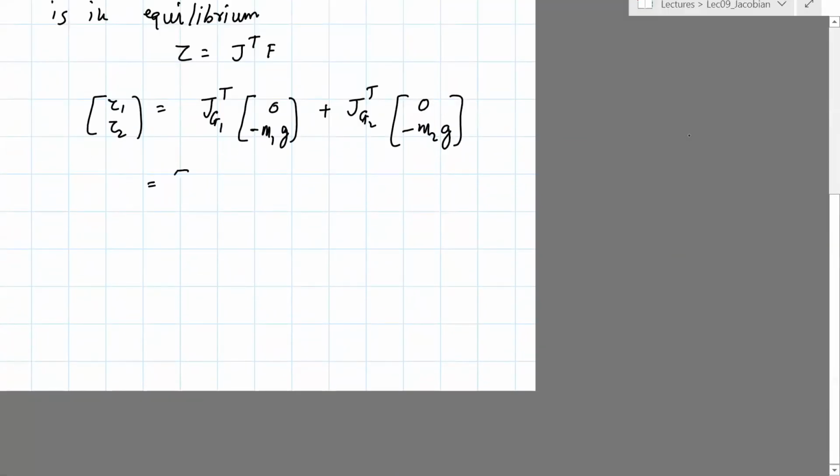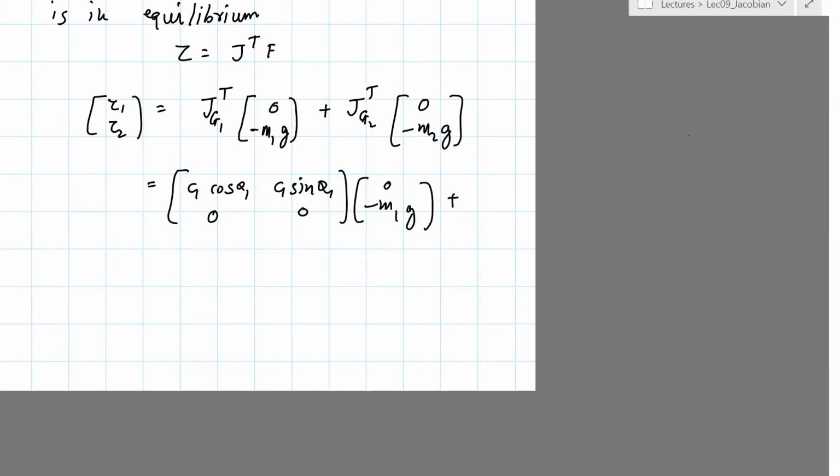Let me write it down the way I should have written it earlier, so that you have another reference to check it. So C1 cosine theta 1. Remember that there was C1 sine theta 1, but you need to take the transpose of that. So C1 sine theta 1 will go up because that's the transpose, 0, 0, 0 minus M1G.